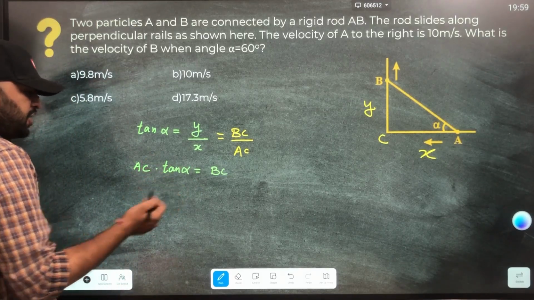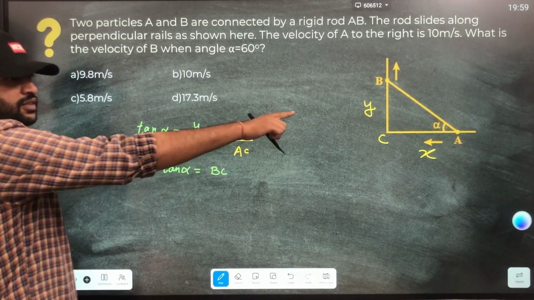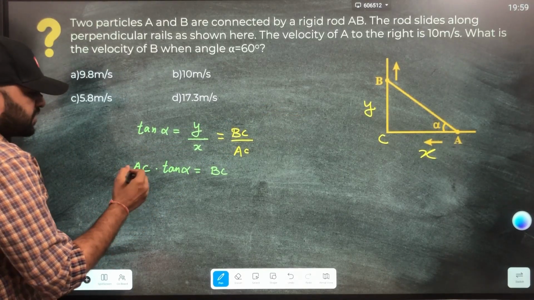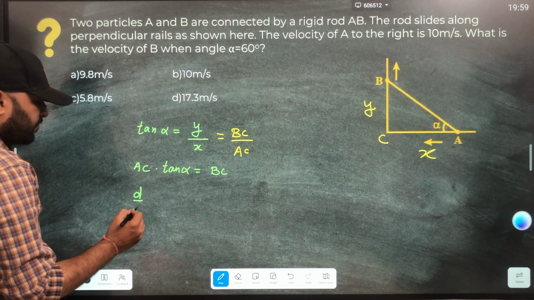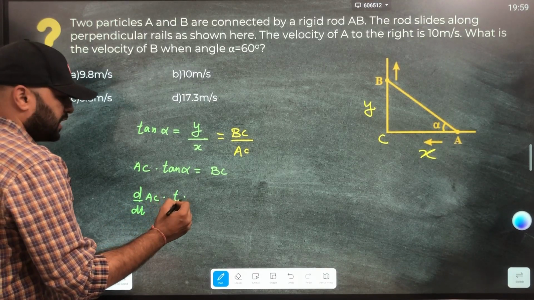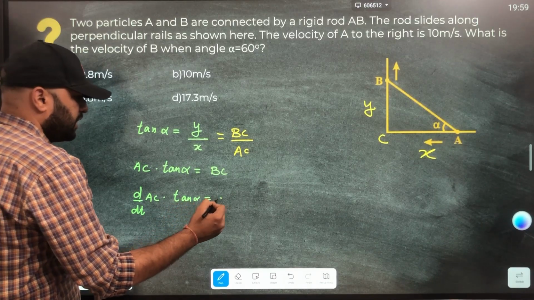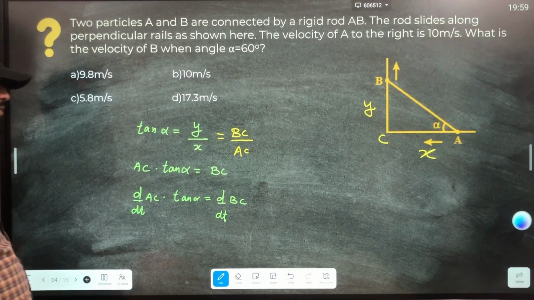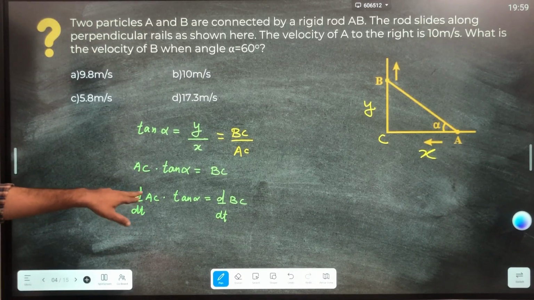Now, if I differentiate both, alpha is constant, the angle is not changing here for the time being. So if alpha is fixed, d by dt of AC into tan alpha will be equal to d by dt of BC. Now, what is d AC by dt?